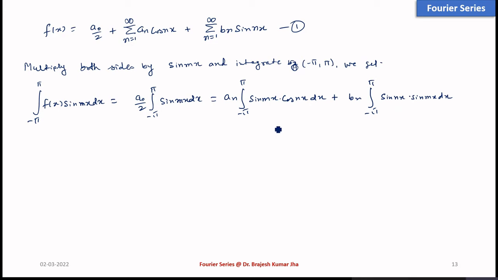So again, this term is going to be 0, whether m and n are different or the same. So finally, directly I could write bn will be what? What can I write about the bn?